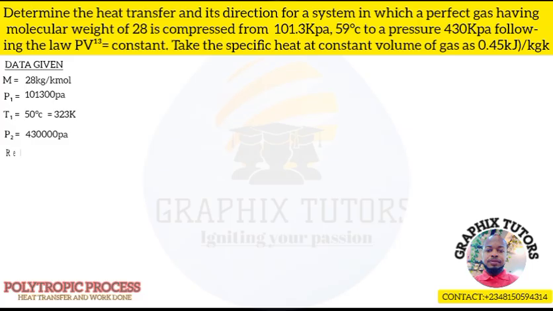The relation given here, we call it a polytropic process, given as PV raised to the power 1.3 equals C, constant. And we're given the specific heat at constant volume, C sub V equals 0.45 kilojoule per kilogram Kelvin. If I remove the kilo, which is 1000, I multiply 0.45 by that, and that will give us 450 joule per kilogram Kelvin.